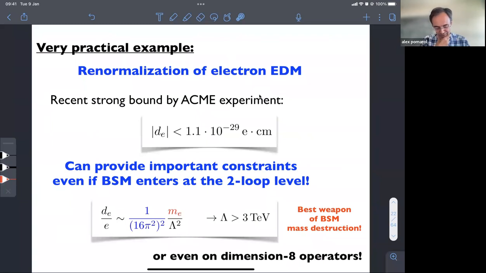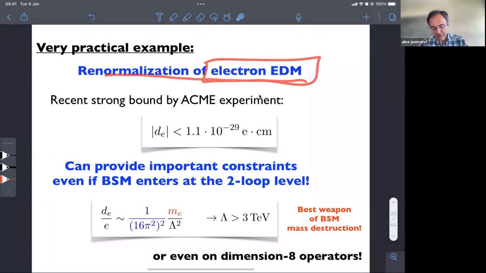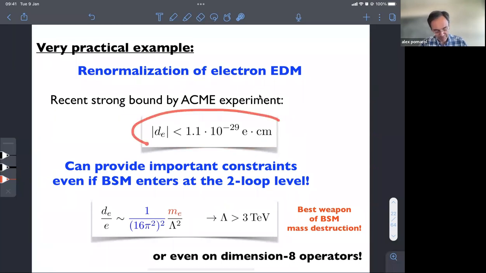Why do we do all these things? It's because we want to find new physics, for example, in experiment. One of the most beautiful examples is what I was saying to you, the electron electric dipole moment, that we measure, and we have a very strong bound. The electron electric dipole moment has to be very small, 10 to the minus 29 e times centimeters.